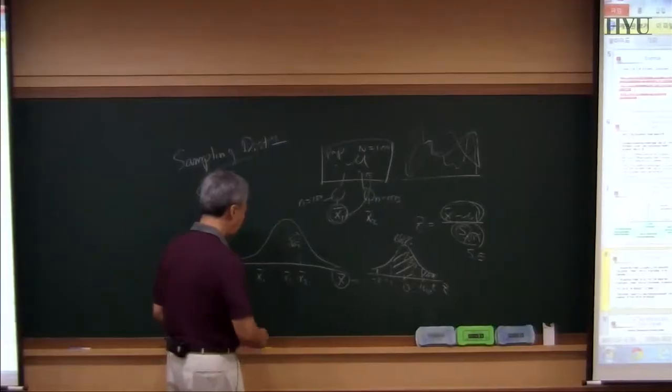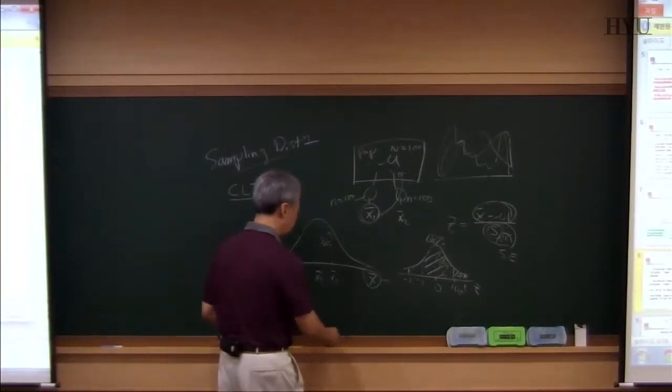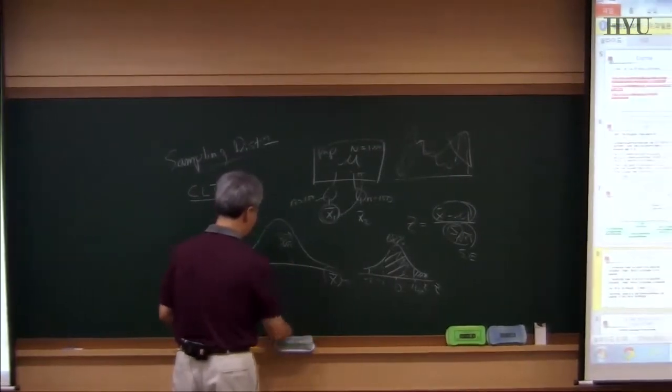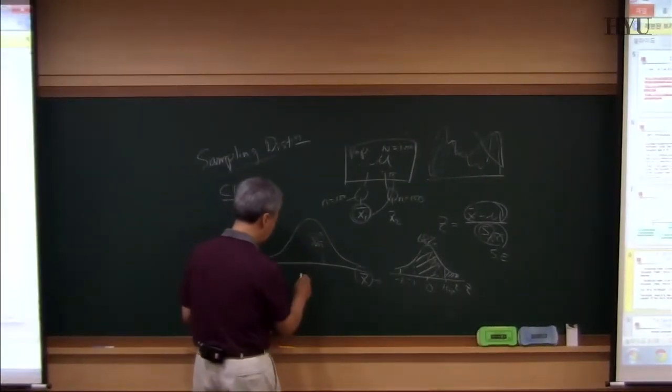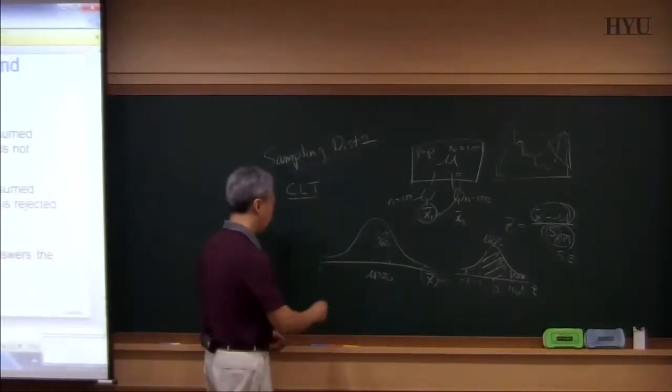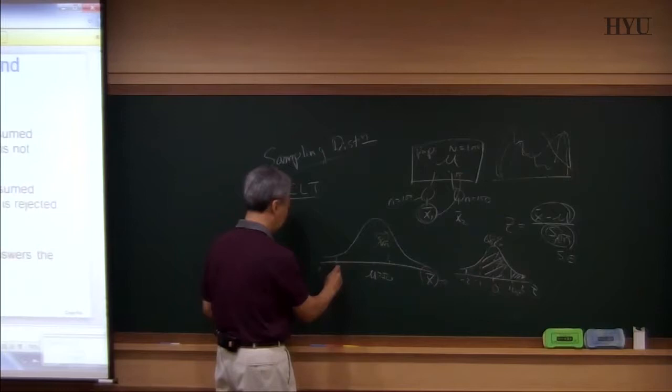So in your sampling distribution, your null hypothesis claims the mean is 50, but here the sample mean came out to be 20, right?